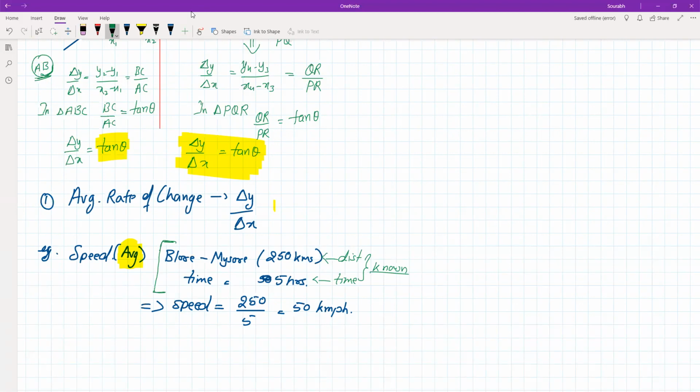Then only I'll be able to calculate the average speed with which I traveled the journey, or covered this distance, that is 250 kilometers. We need to know these two things in advance, otherwise you won't be able to calculate the average speed. So for a journey, if you have to find average speed, that journey must have completed. Otherwise you cannot predict what your average speed will be.